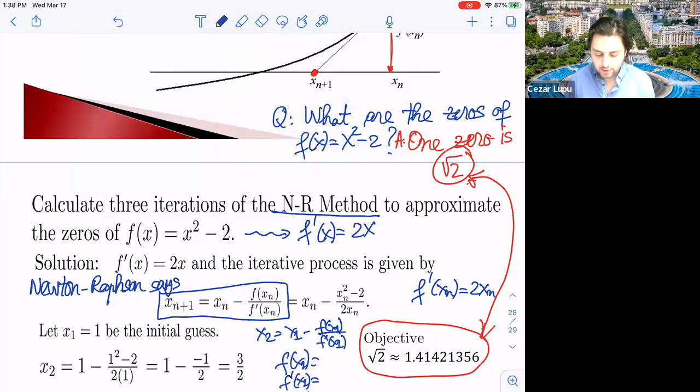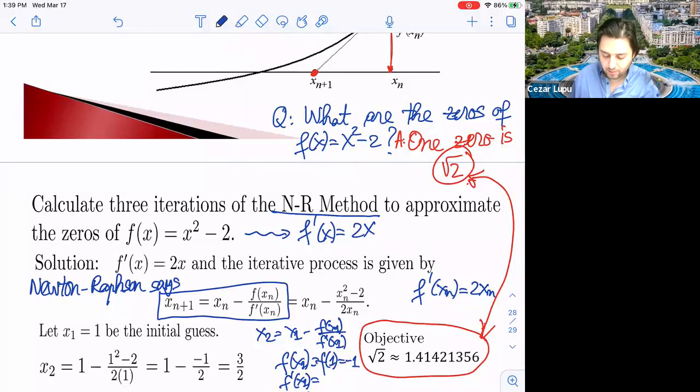So f of x1 is what? Well, f of x1, you see, x1 is 1, so it's f of 1, which is -1, right?